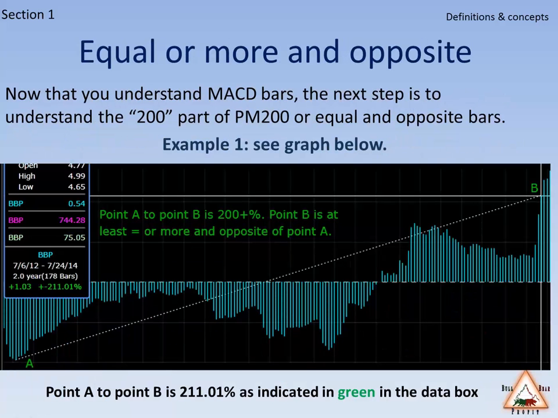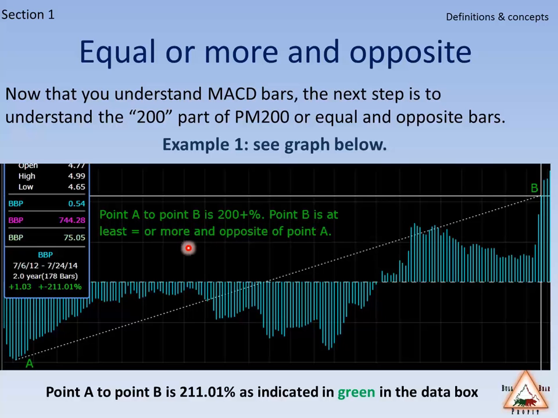Equal or more and opposite. So now that you understand MACD bars, the next step is to understand the 200 part of PM200, or equal and opposite bars. So if we look at point A to point B, it's a 200+% move.